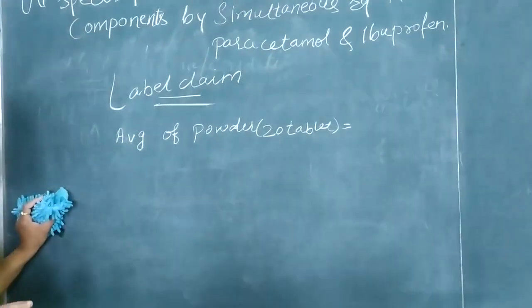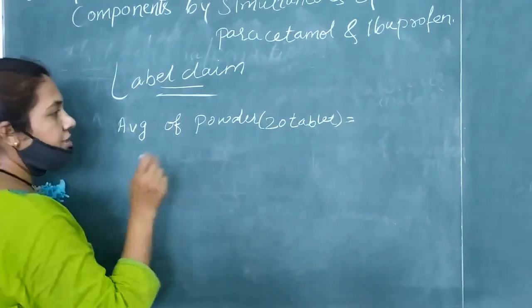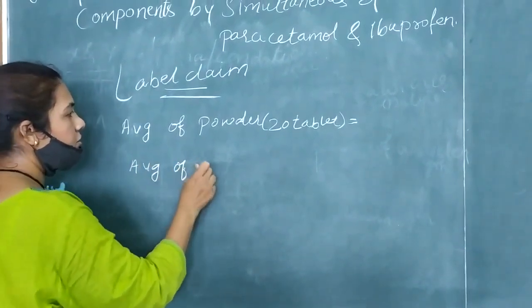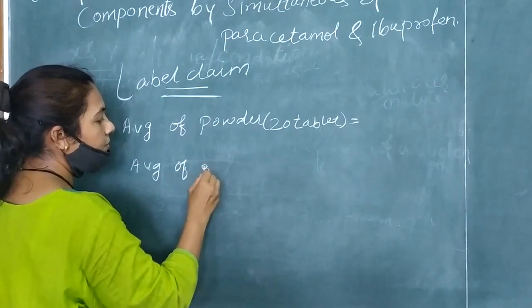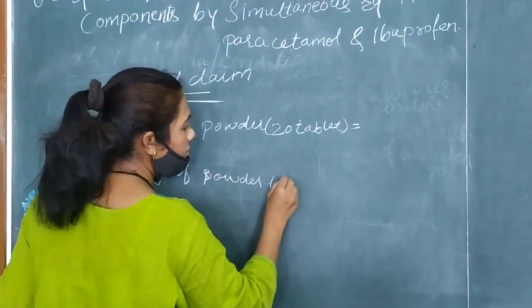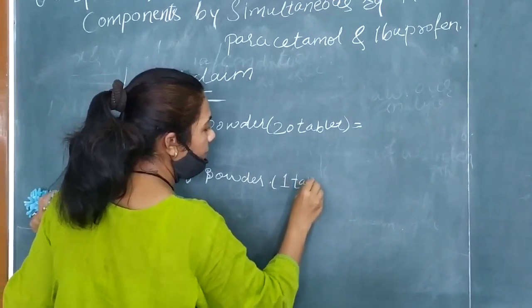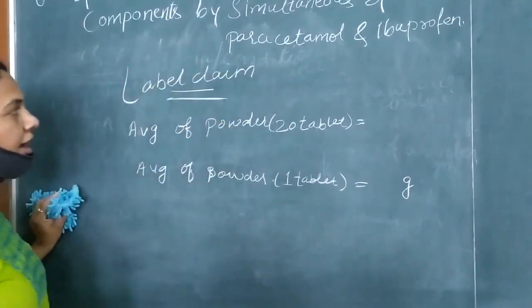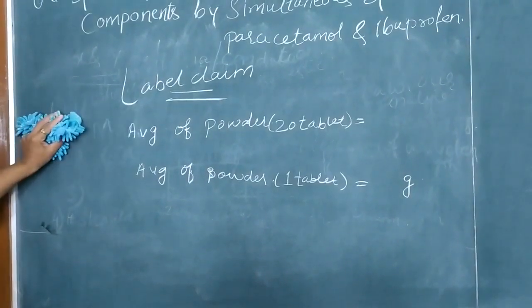From that you have to take the average weight of powder in a single tablet, which comes in grams. From that you will get the label claim of your drug.